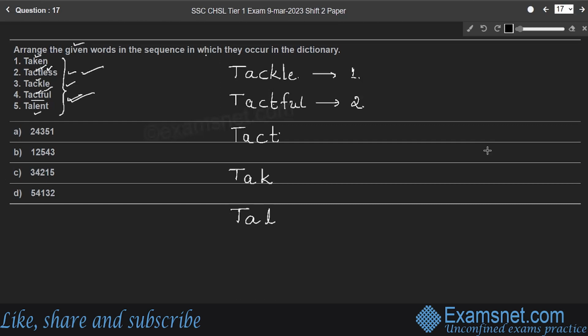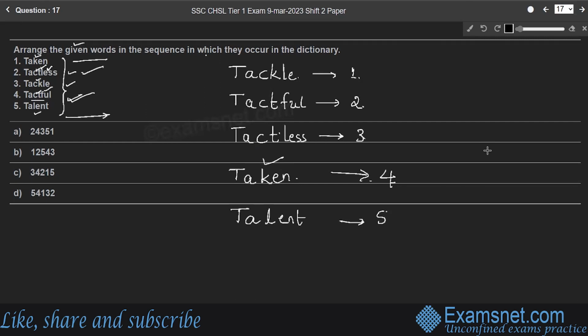After that, tactless is the third word, right? So what is the fourth word here in the dictionary? Consider the first and fifth ones: TAKEN, TALENT. Here TAKEN is the fourth one because K comes before L. Therefore, talent is the fifth one.